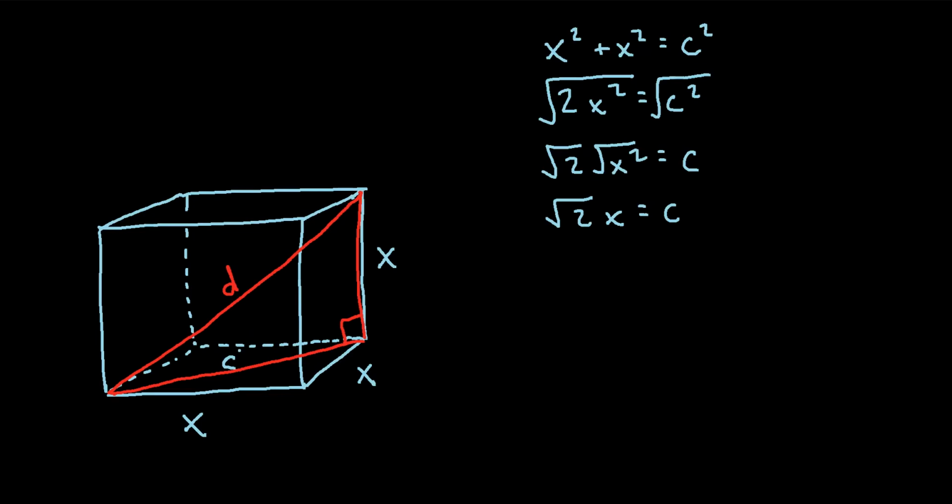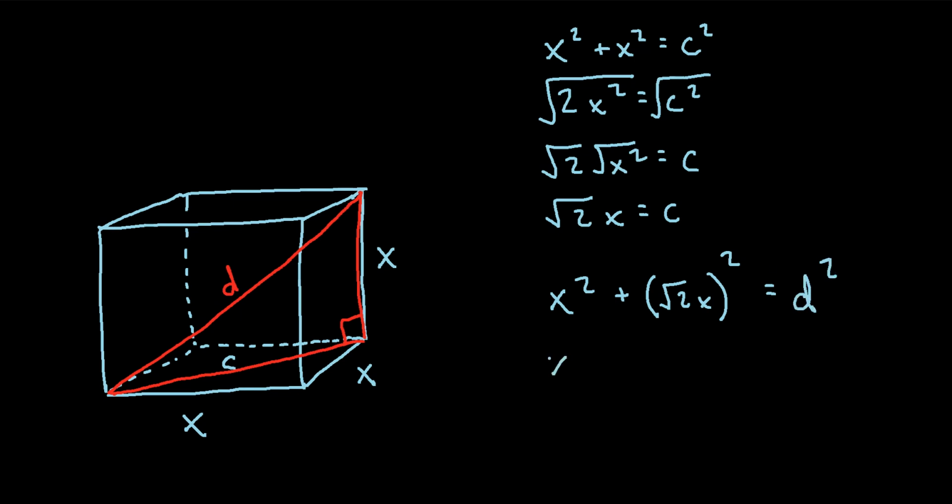Because again, we can use the Pythagorean theorem where we say that this distance squared plus this distance squared must be equal to this distance squared, which is the hypotenuse of the triangle. So let's solve for d. So we'll say x squared plus, remember we just figured out what c was, it's the square root of 2 times x. So instead of writing c squared, we can say the square root of 2 times x, all of that squared, must be equal to d squared.